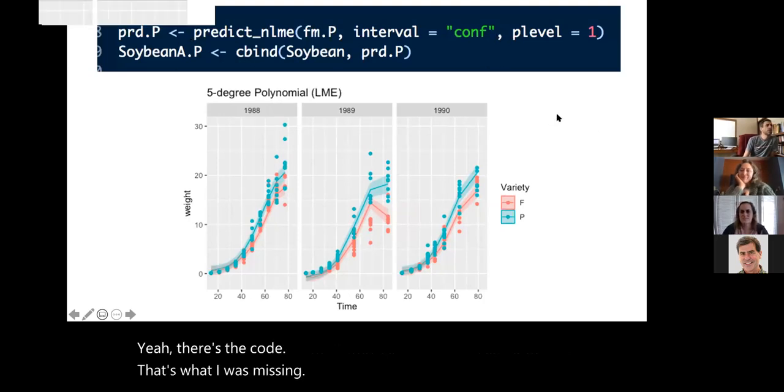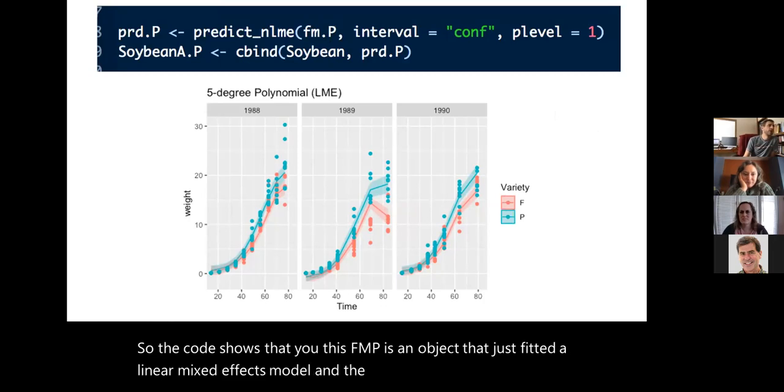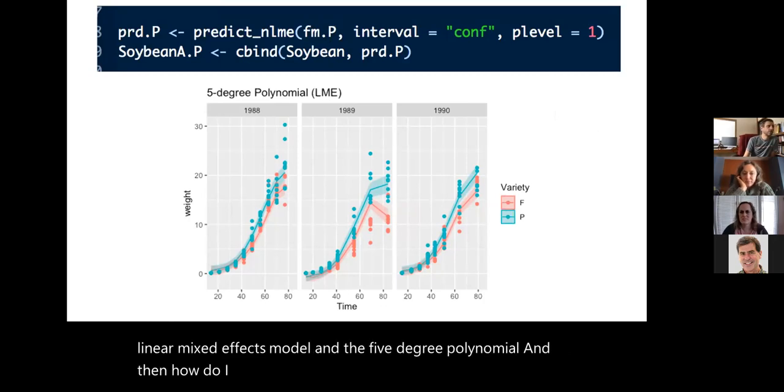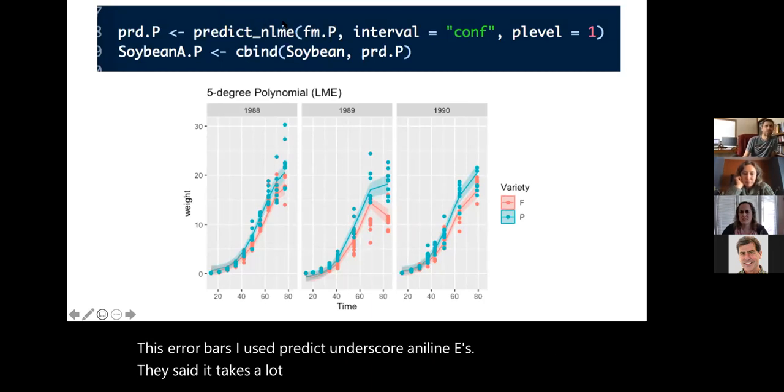So the code shows that this fmp is an object where I just fitted a linear mixed effects model with a 5-degree polynomial. And then how do I get these error bars? I use the predict_nlme as it takes a lot of different kinds of objects, among them an lme object.